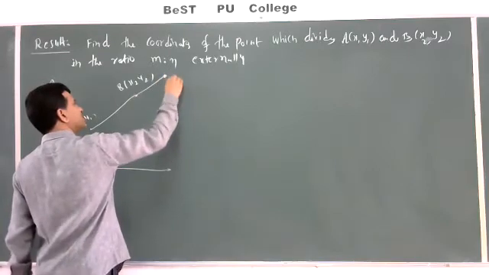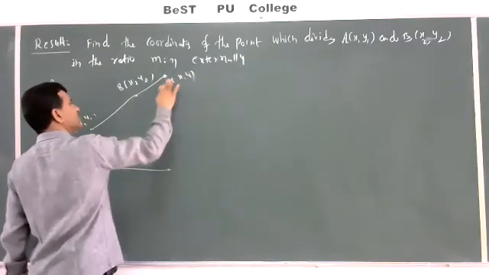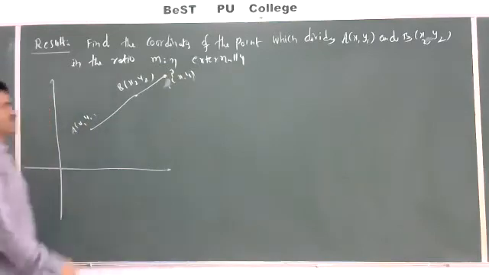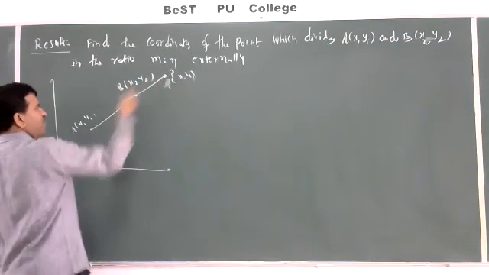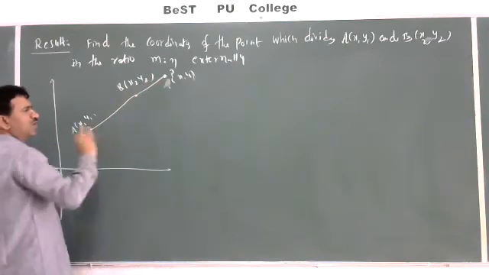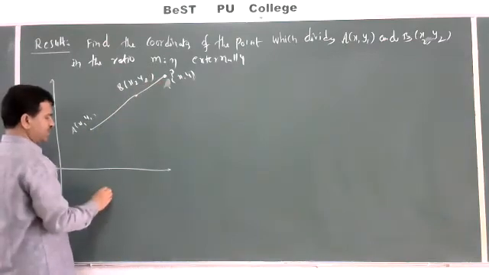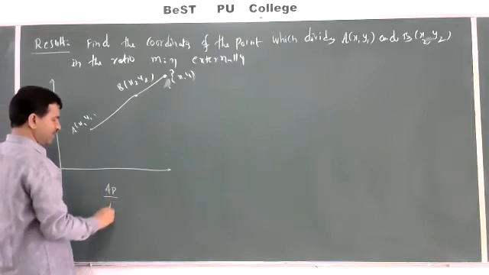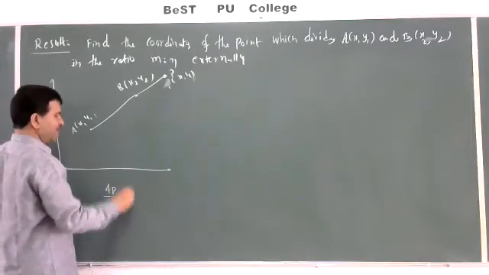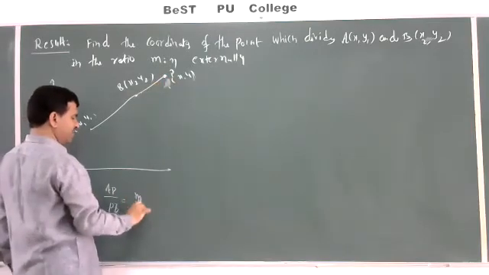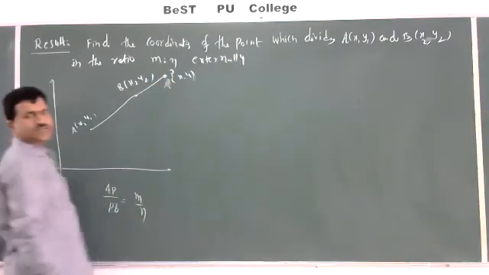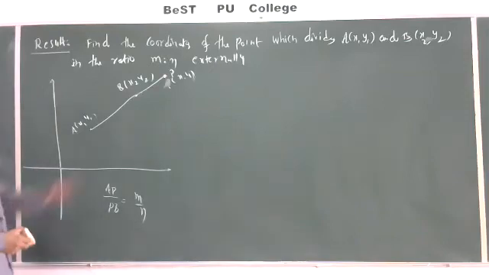Consider that point as P(x, y). Let P divide AB in the ratio m:n. That means here also AP by PB, don't get confused, the AP by PB ratio is m by n only. It is external, but P is external to A and B in this case.